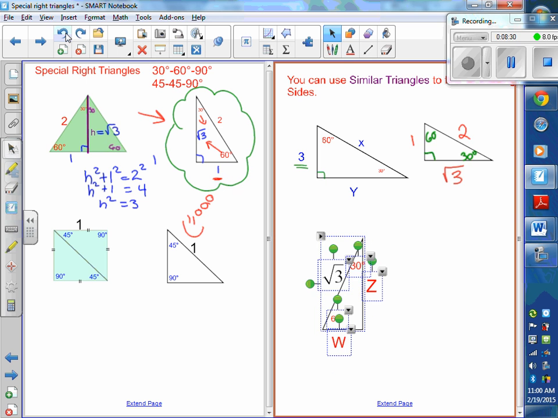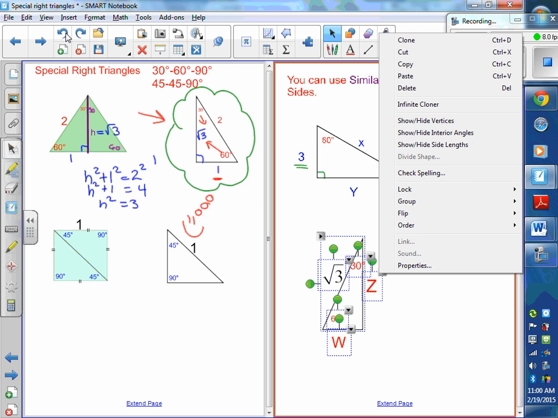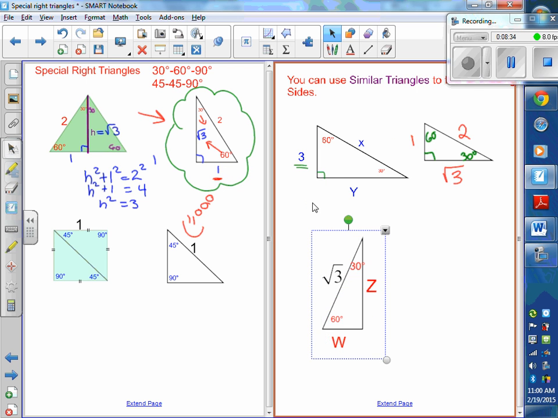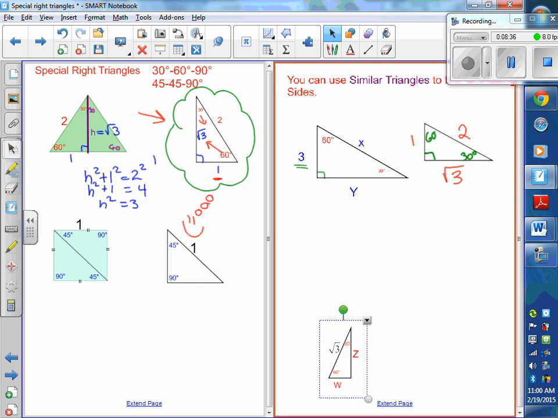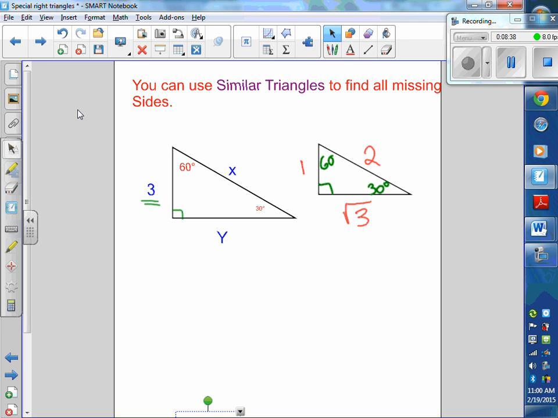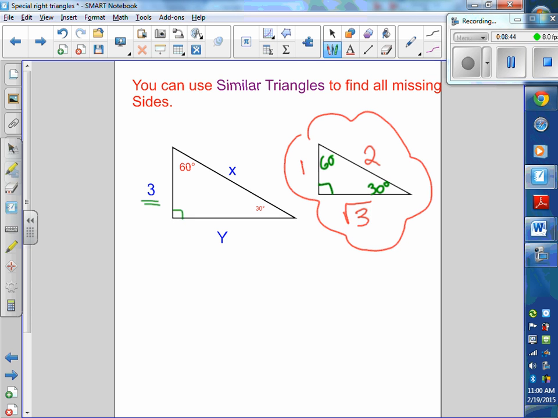Whoa, look at that. So then you could just create a ratio. So I could take this triangle that I have memorized over and over and over and just keep making a ratio. So I know that the small side to the... well, actually you probably want to do it visually.